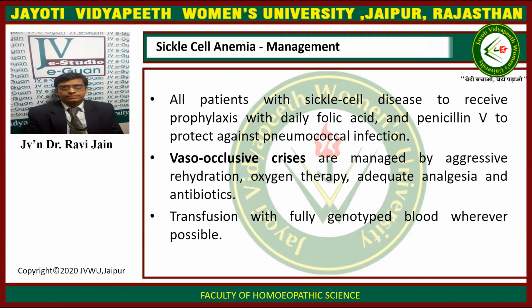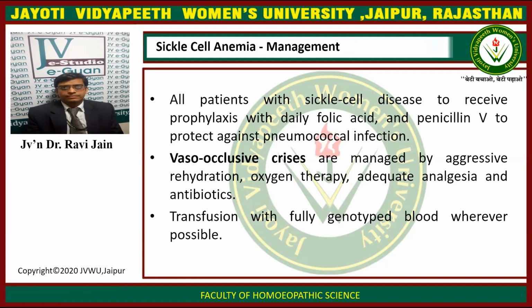The management of sickle cell anemia. All patients with sickle cell disease should receive prophylaxis with daily folic acid and penicillin V to protect against pneumococcal infection. Vaso-occlusive crises are managed by aggressive rehydration, oxygen therapy, adequate analgesia, and antibiotics.